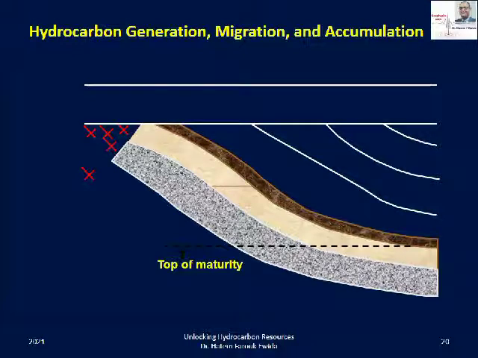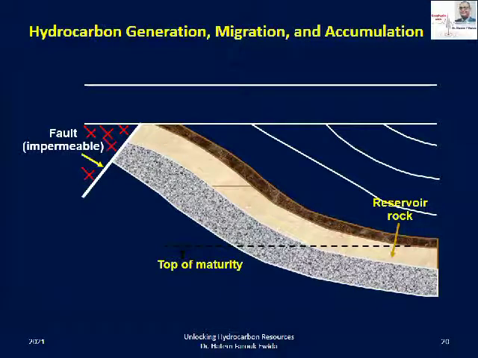If I have, at these depths, this is the top maturity, which means that deeper than this line, hydrocarbon can be matured or can be formed. Also, I have this as a reservoir rock, and I have an impermeable fault, which is called a seal fault in this case.